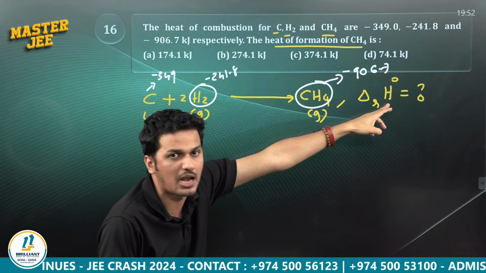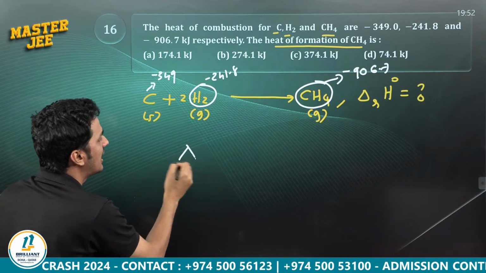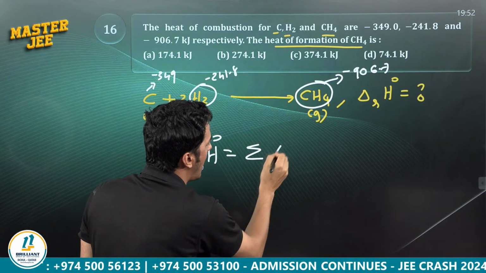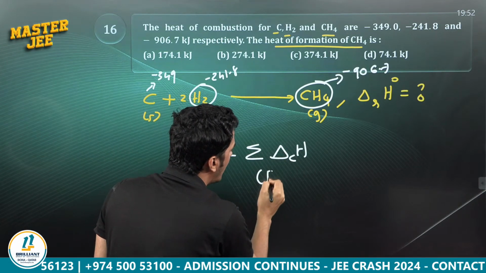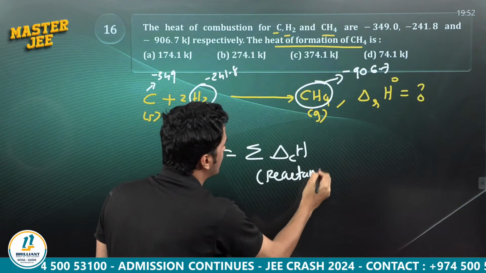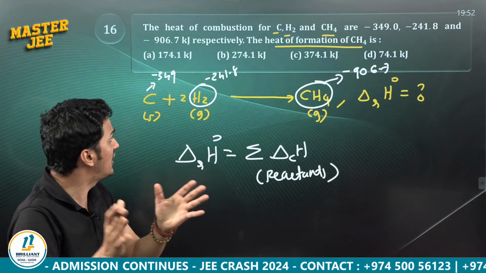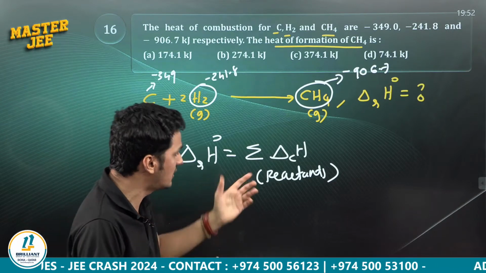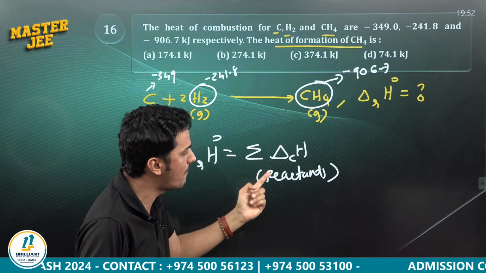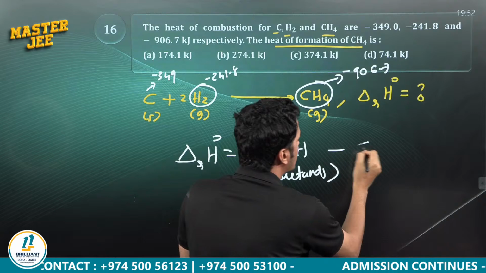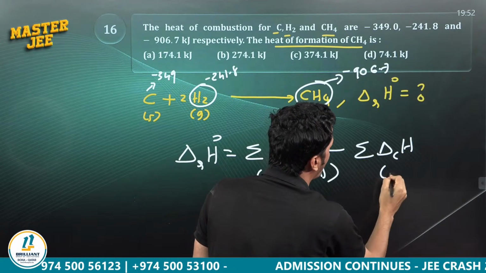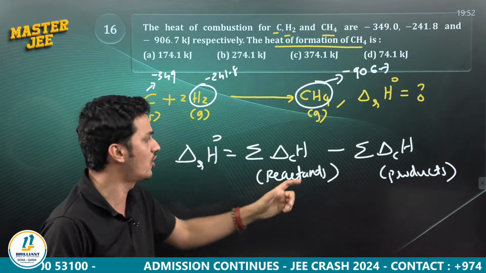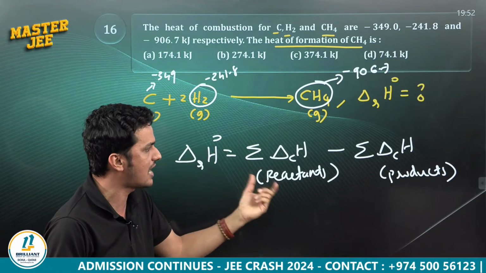They are asking about the enthalpy of reaction. What's the formula? Enthalpy of reaction is equal to sigma enthalpy of combustion of reactants minus sigma enthalpy of combustion of products. Reactant minus product you have to take. Don't take reverse.